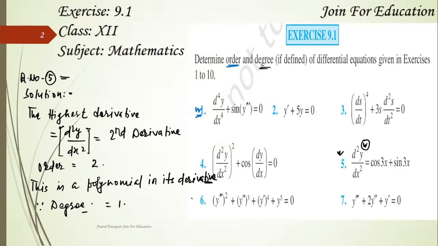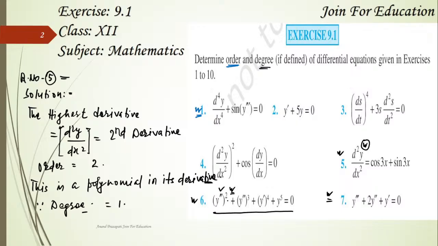Similarly, we can solve question number 6 and 7. In question 6, the highest derivative is of order 3. So the order of this differential equation will be 3, and the maximum power of the highest derivative is 2.